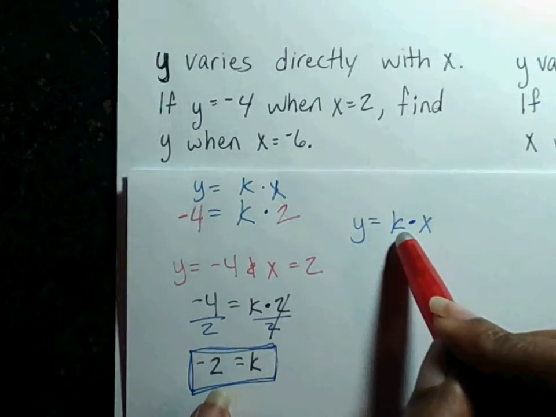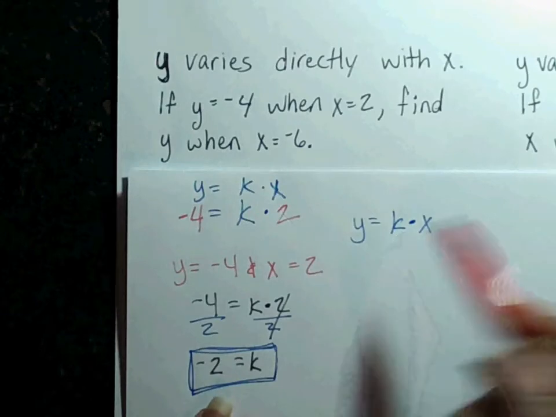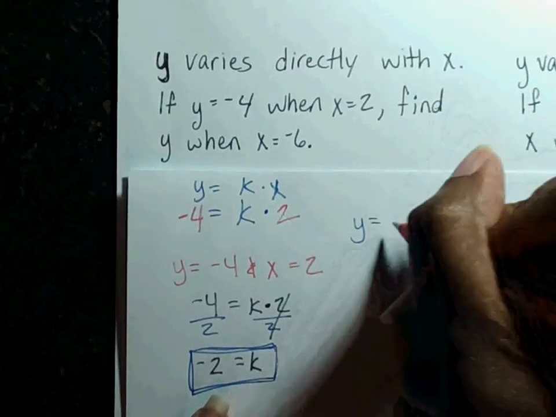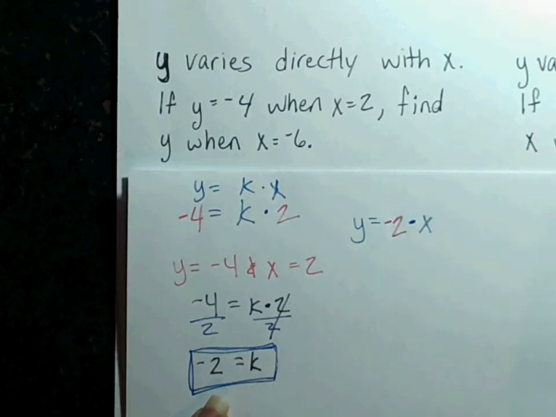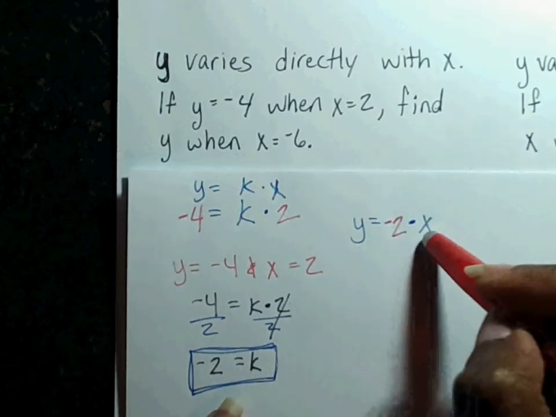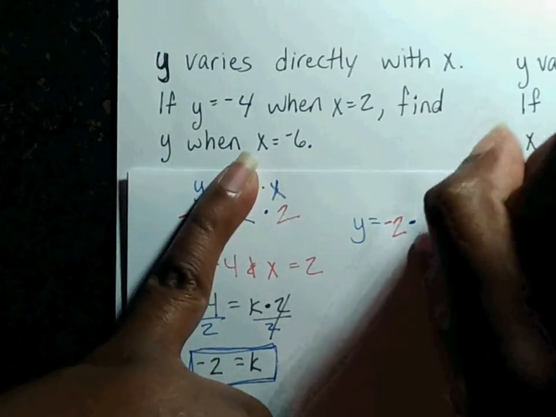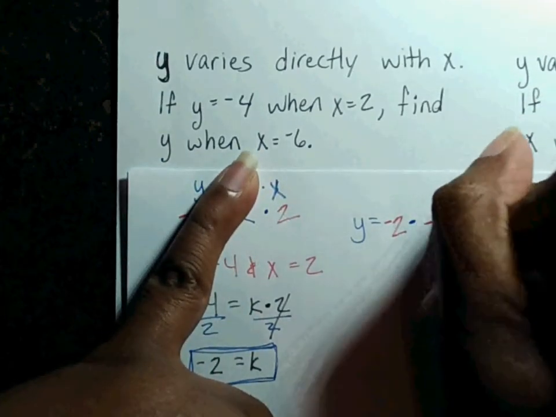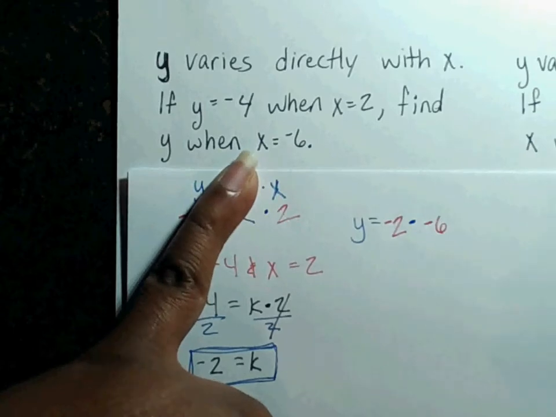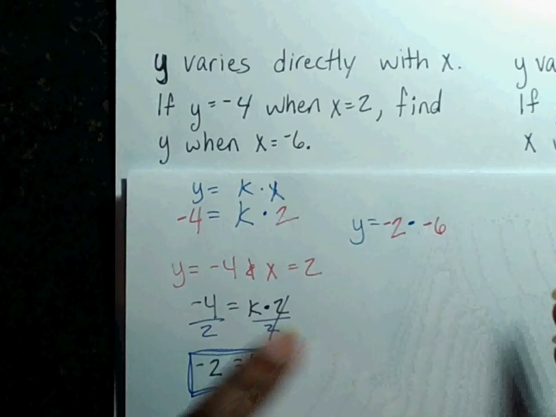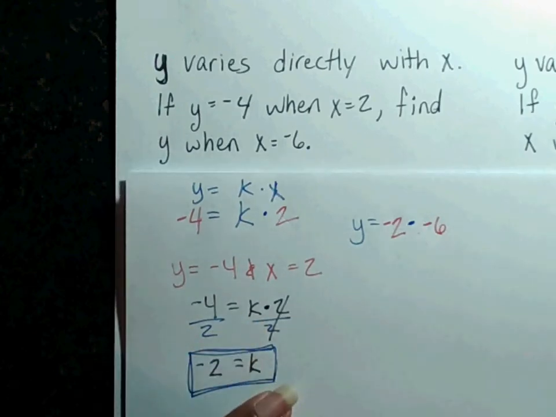Yes. K is the same for each pair. So in this problem, k is -2. So right here, I'm going to put -2. Do I know x? Yes, they told me. X is -6. So now I have y equals -2 times -6. What is -2 times -6?